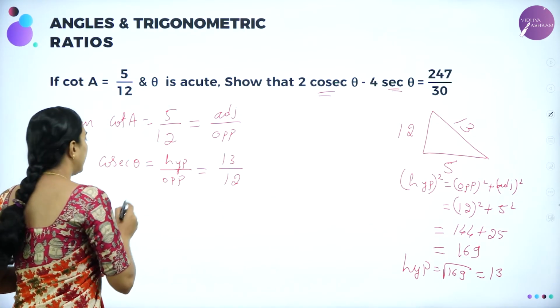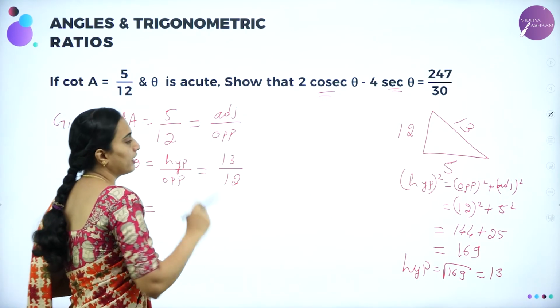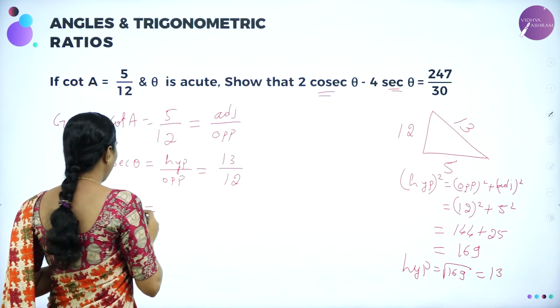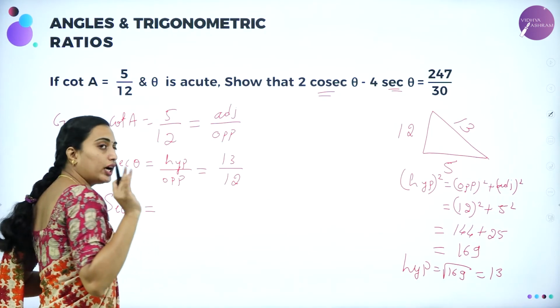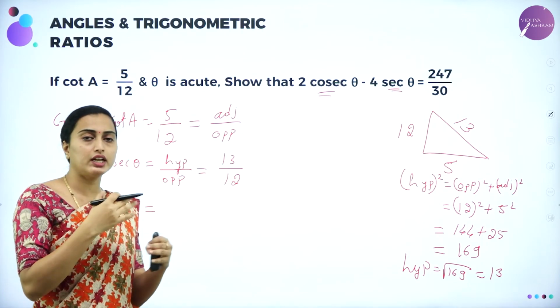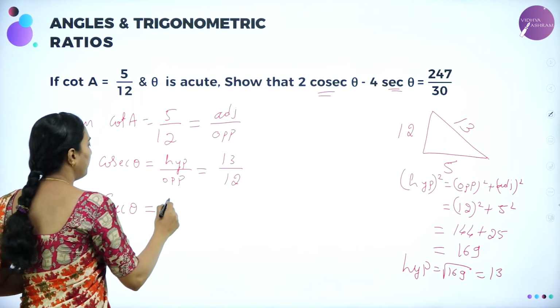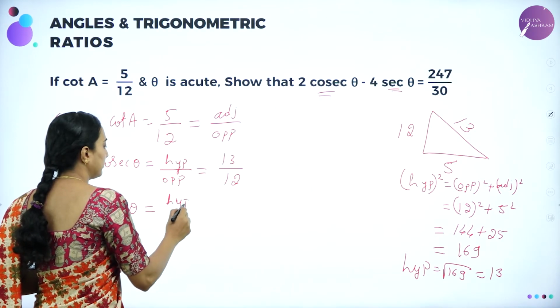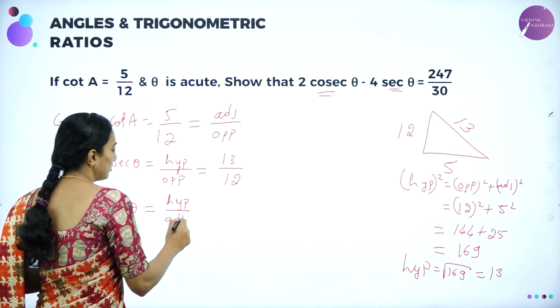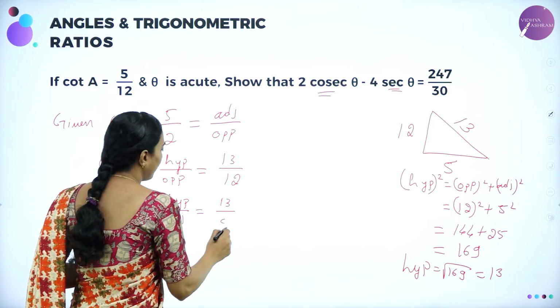Similarly, secant theta, because they have given in the proof 4 secant theta in the left hand side of that. Secant theta is nothing but, cos theta is adjacent divided by hypotenuse, and secant theta is the reciprocal of cos, which is hypotenuse divided by adjacent, which will be equal to hypotenuse 13, adjacent 5.